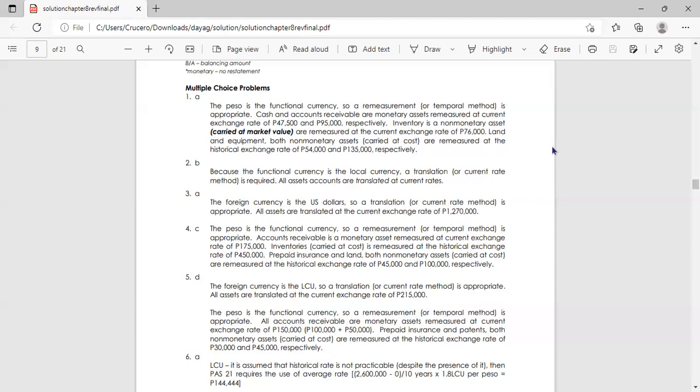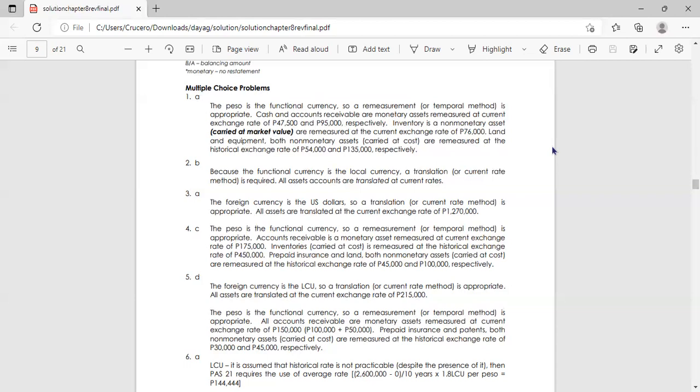Assuming the functional currency of the subsidiary is the peso, what total should be included in the consolidated balance sheet at December 31, 2024 for the above items?